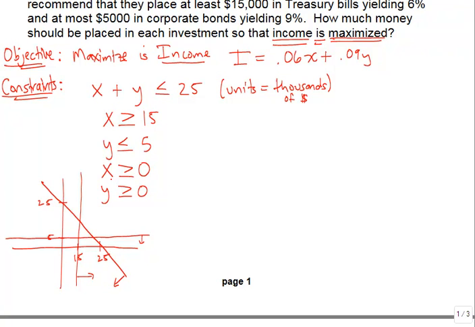And then finally, X greater than or equal to 0, that's just the Y-axis, and greater than or equal to 0 would mean shading to the right. So that's still in this same region over here. And then Y equal to 0 would be the X-axis, and greater than or equal to that would be shading up.